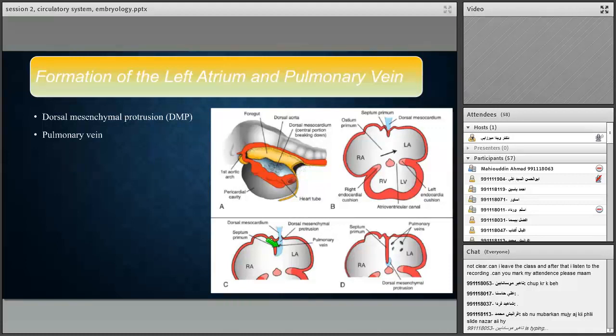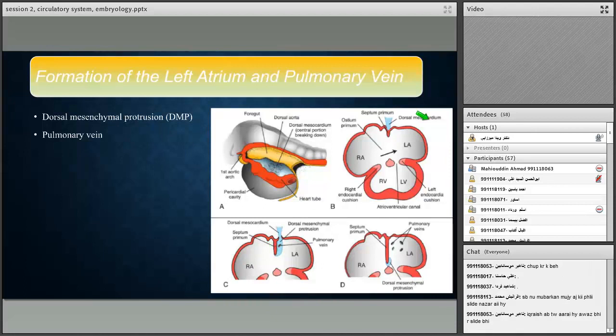This developing pulmonary vein is positioned in the left atrium by the movement of DMP. At first it is in the dorsal mesocardium, then it is growing downward to the side of the atrioventricular canal, and we can see the opening of the pulmonary vein inside this mesenchyme.